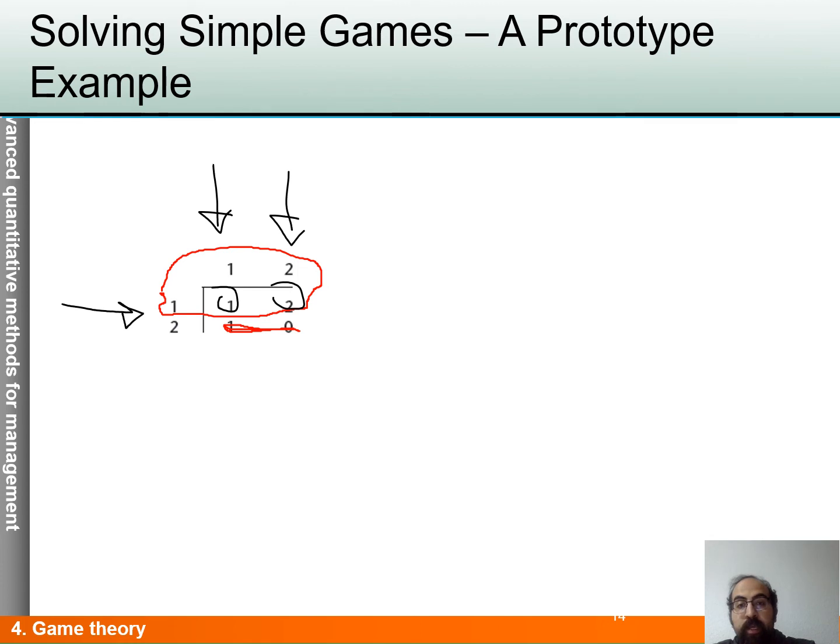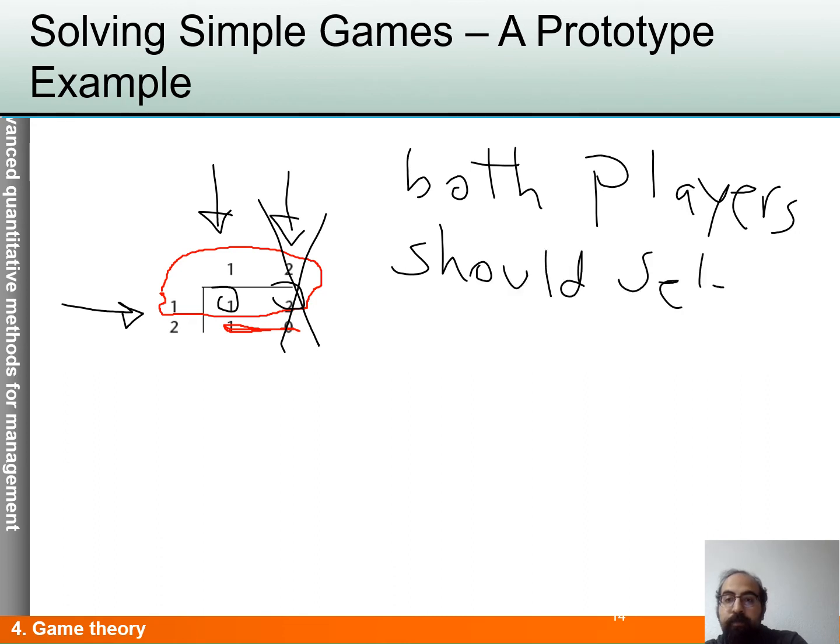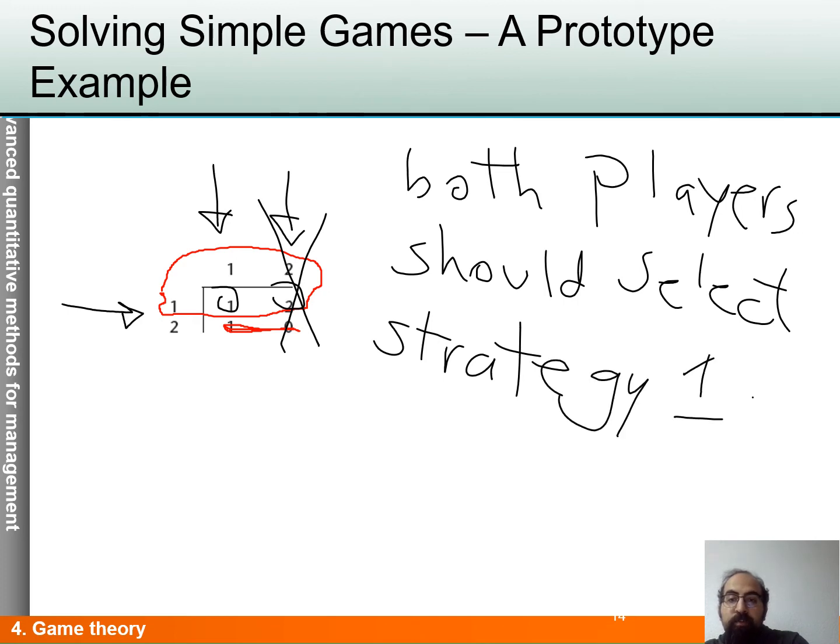So the 1 dominates strategy 2. So I can write both players should select strategy 1 of each of them.